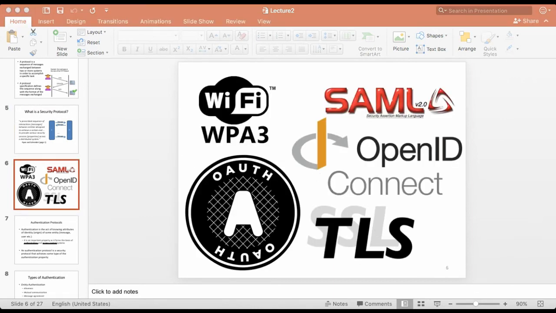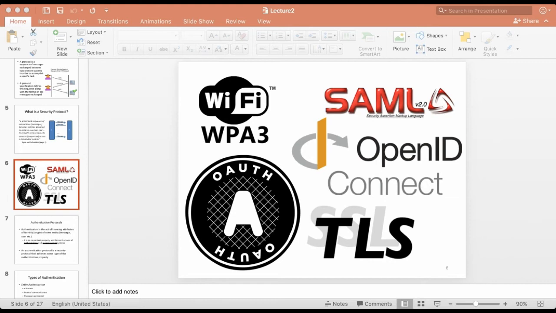Now, in real life, there are a lot of examples of such security protocols. Those range from things that we use very frequently, for example, in our Wi-Fi systems, so the WPA3 standard, also stuff that we use online on the web, so OAuth, SAML, and TLS, of course, or SSL, as we call it, and things that are a little bit more akin to IoT systems nowadays.